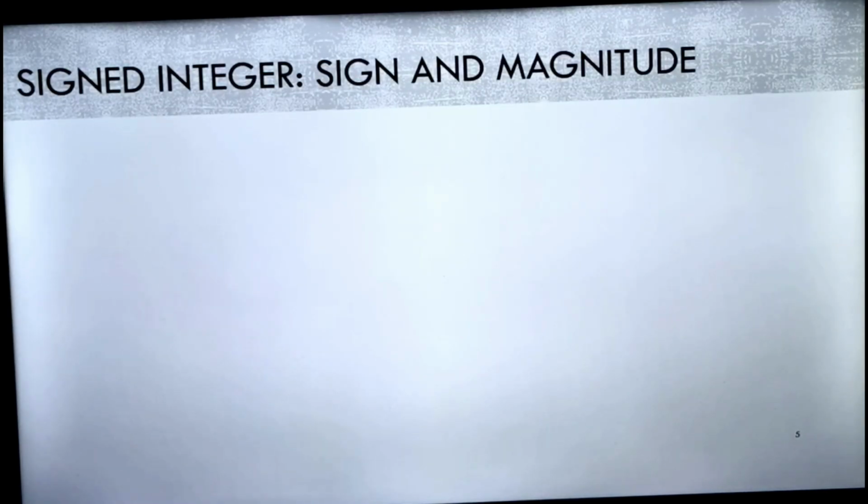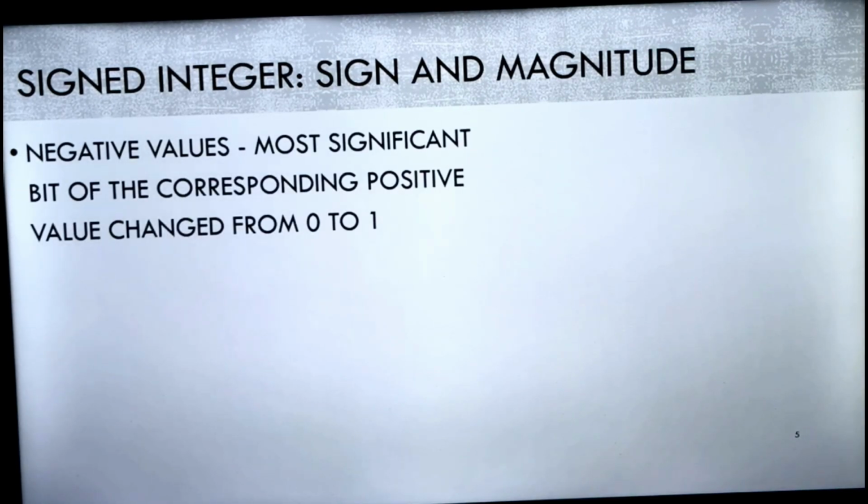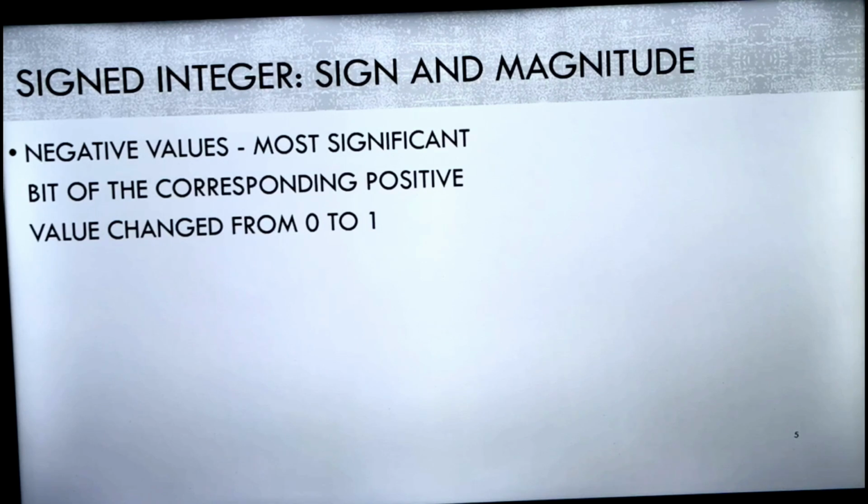First is sign and magnitude. So how to represent anything in sign and magnitude? As I told you, the most significant bit of the corresponding number will be representing your sign. Suppose you have something to represent in 3 bits. Say you want to represent 3.